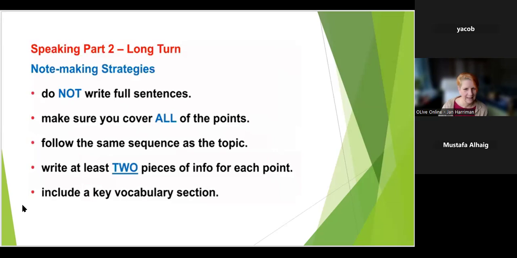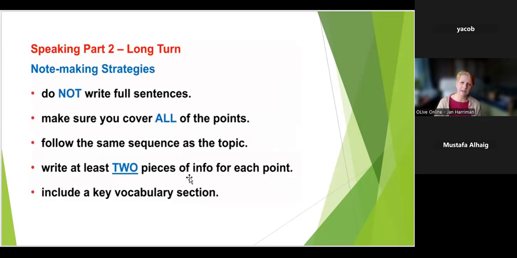All right. So when you're making notes, don't write full sentences, because just like in the writing test, if you write full sentences when you're making notes, you'll use that sentence more than once in the main talk. So just write phrases. Make sure you cover all of the points.